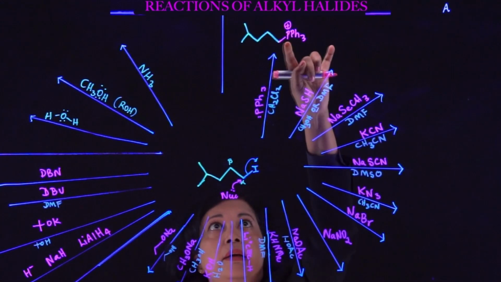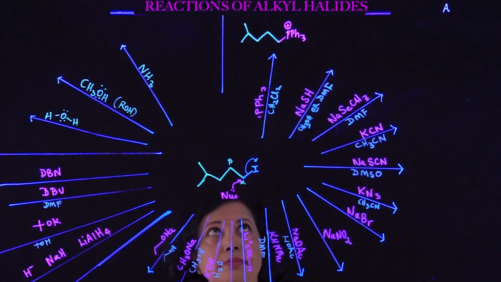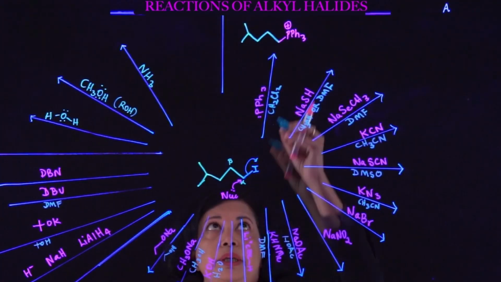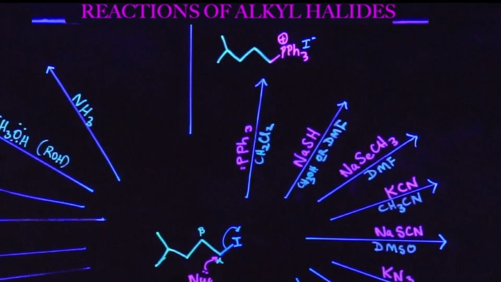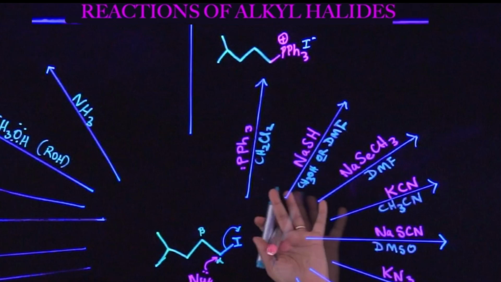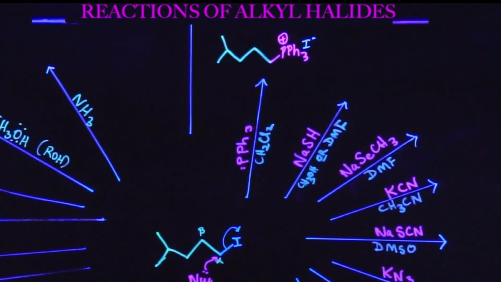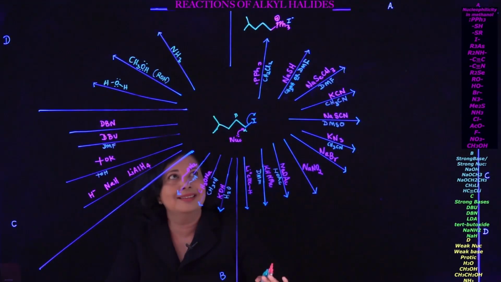The lone pair becomes that sigma bond. The iodide then is going to be a counter ion. That's the product. It's an ionic product. You can precipitate it out. And then you could do Wittig's reaction if you have oxygens and so on, and we'll talk about that later. This is just a preliminary step to that.